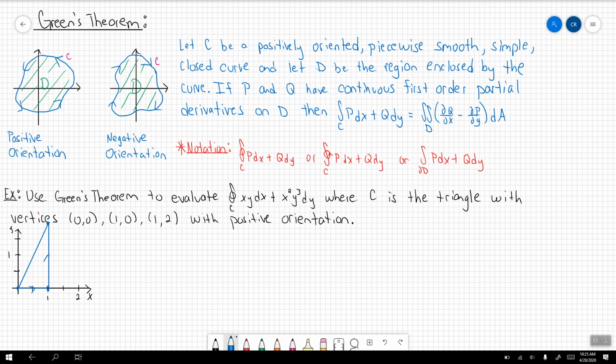Now, again, I want you to think about that positive orientation. Positive orientation for us just means we're going to go around counterclockwise. If you remember back when we were doing line integrals at the beginning of chapter 16, the direction that we traverse a curve definitely matters if we're taking these integrals with respect to x or with respect to y.